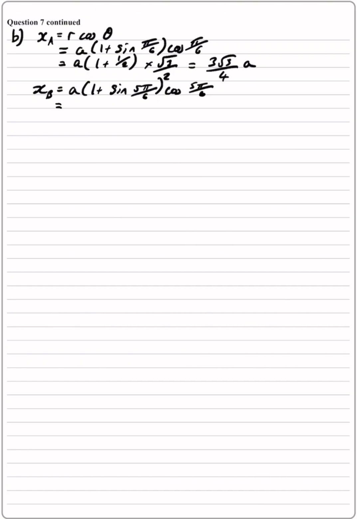So this time we've got a lots of 1 plus 1/2 times by, well, cos of 5 pi over 6 is negative √3 over 2. So our x-coordinate of B is minus 3 root 3 over 4 lots of a.